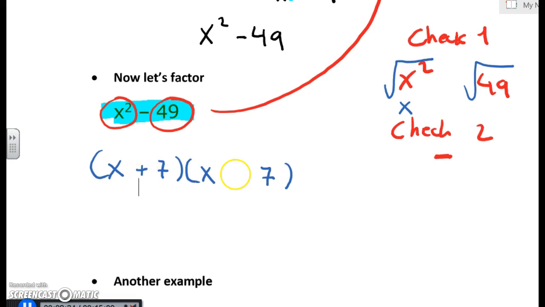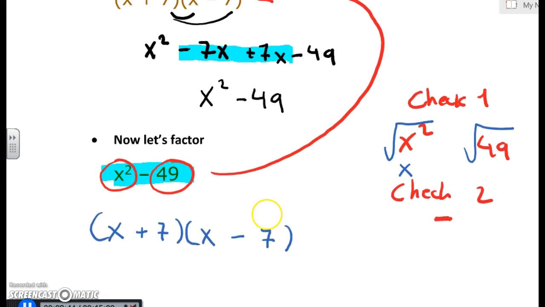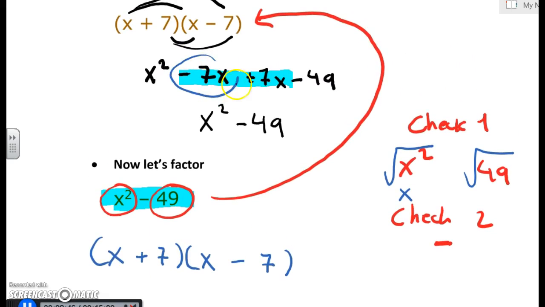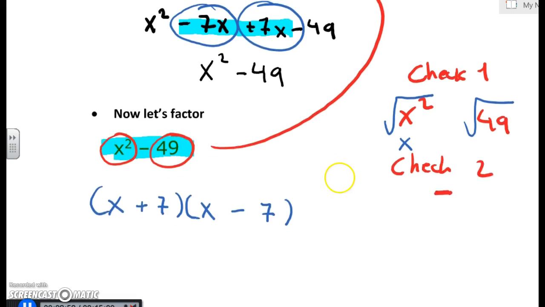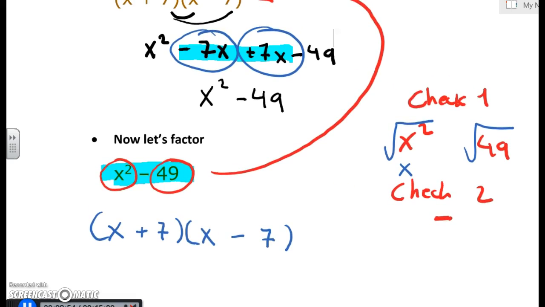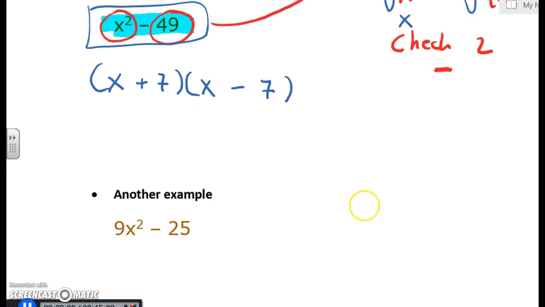So we're going to have a positive and a negative. So it's going to be x plus 7 and x minus 7. And this is why, because the signs are different, that's why we get the opposite two middle terms here, negative 7 and plus 7. And that's why they eliminate each other, and the middle term in the trinomial is gone, and it becomes a binomial. Let's do another example here.